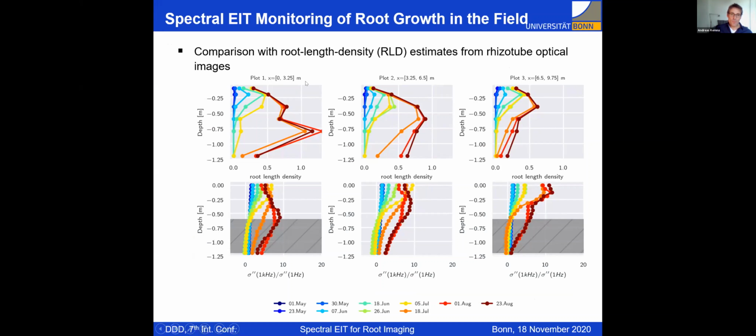And so we can here compare this independent information, the root length density vertical profiles plotted here for different times, for the 3 different plots, with the polarization response as a vertical profile, again in the same colors for the different days. And this is the first time that we could make this sort of comparison with independent data, being aware, of course, that also the root length density estimates from these rhizotube optical images are subject to different influences.